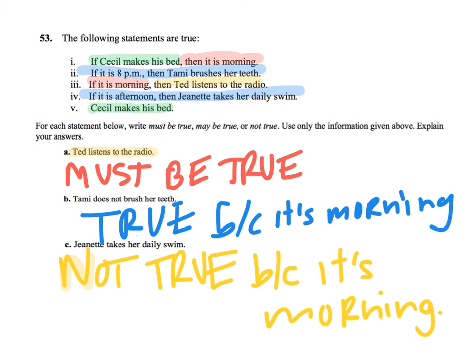Here's what I would like you to do. I don't really love this question, but I would love it if you went into your classroom and found the answer key and double checked your answer for this, because I'm pretty confident that these are the answers. But to be quite honest with you, I don't have a key with me, so I can't check my work. I would just double check.